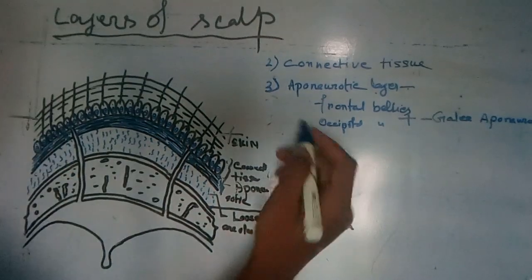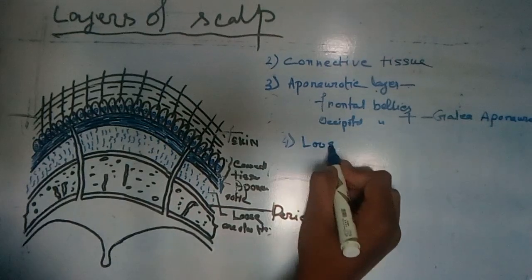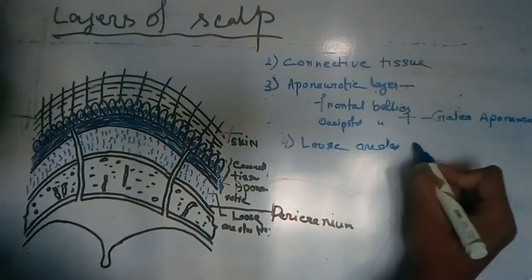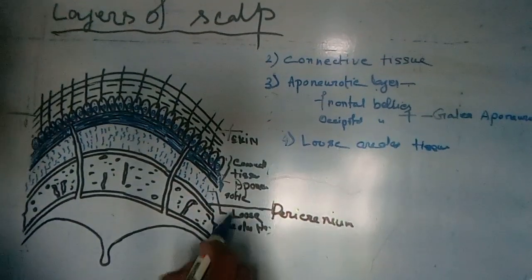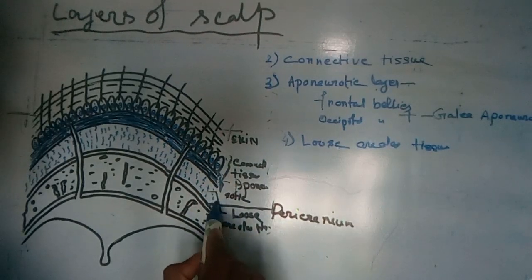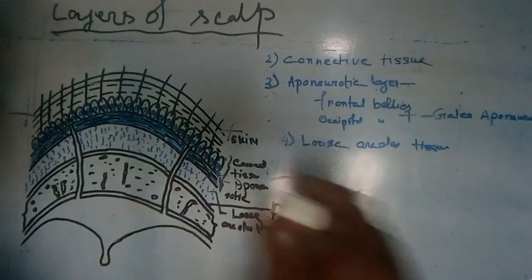Now the fourth layer, that is loose areolar tissue. You can see this layer here. This is the connective tissue, the aponeurosis, and this area is called loose areolar tissue.